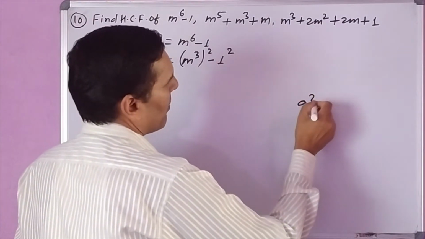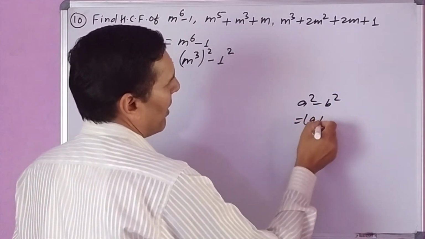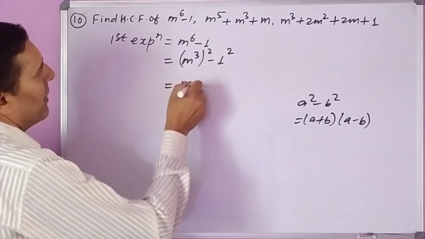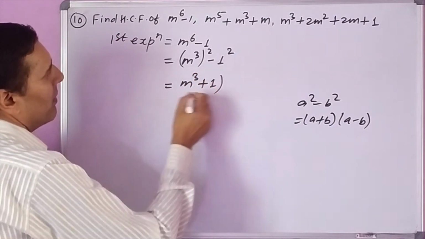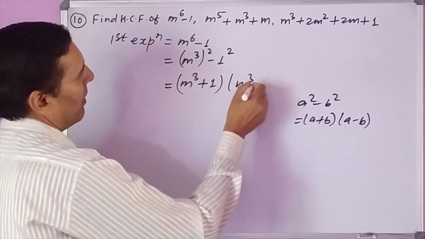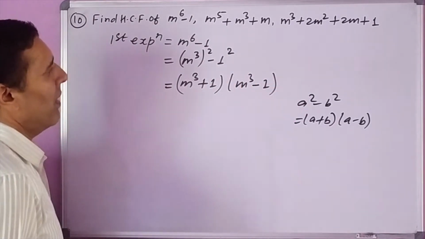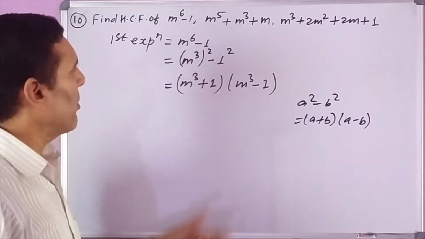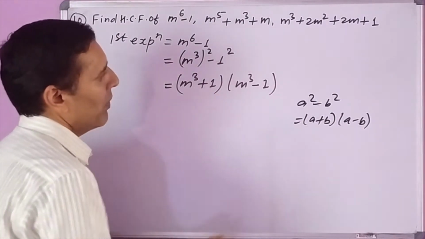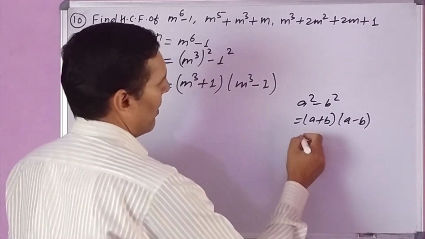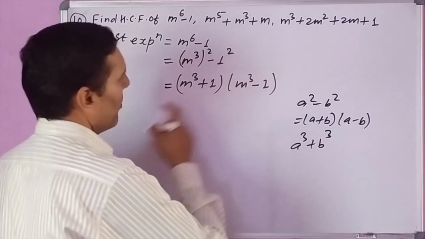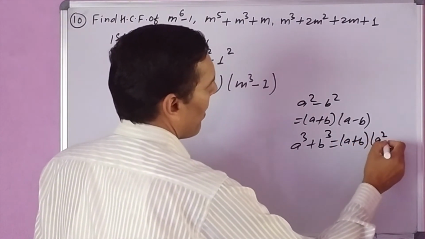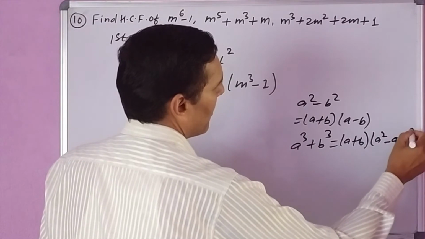Now using the formula a square minus b square, a plus b times a minus b. So it is m cube plus 1 and m cube minus 1. Now in both factors, m cube plus 1 and m cube minus 1, we can use the formula of a cube plus b cube in m cube plus 1, which is a plus b times a square minus ab plus b square.